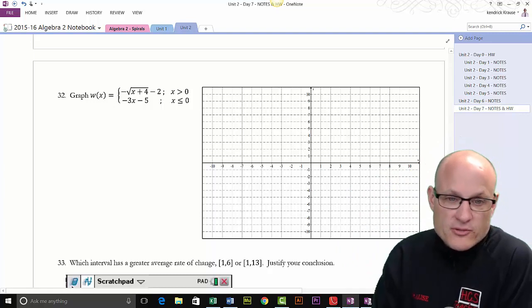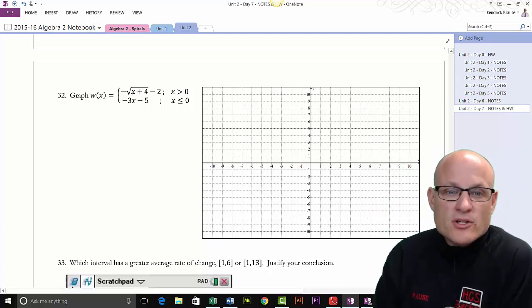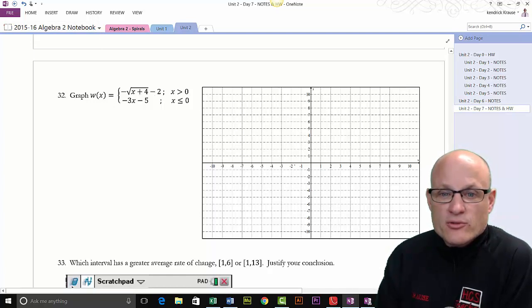All right, I want to graph this one. So this one we're going to move to the left 4 and down 2. So left 4 and down 2. And it's coming down 1. If you looked at your table of values, this is what you'd see.